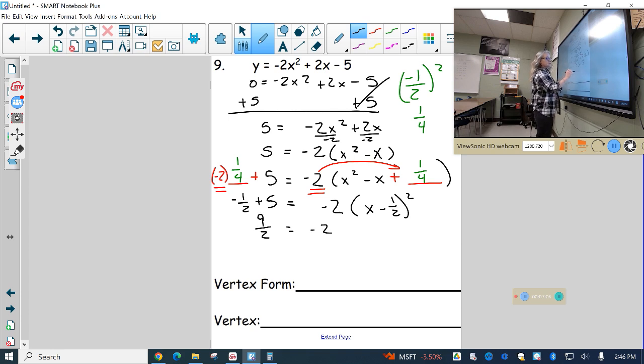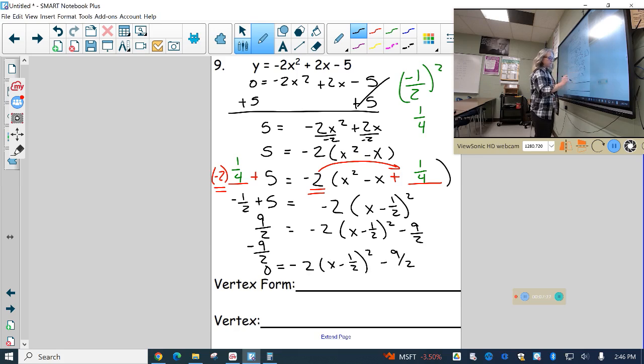And then to put it in vertex form, I'm just going to subtract 9 over 2 from both sides, and then replace your 0 with a y. So I have y equals negative 2 times (x minus 1/2) squared minus 9 over 2.